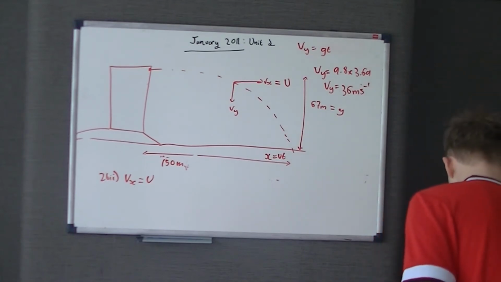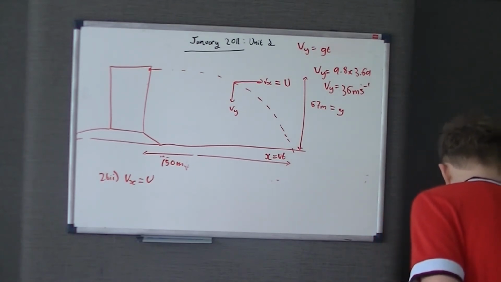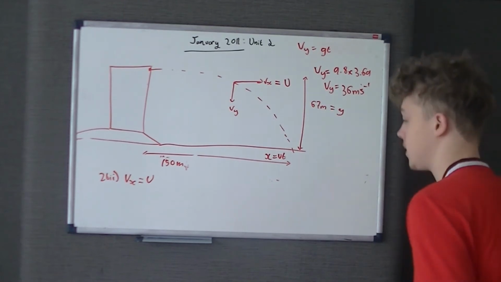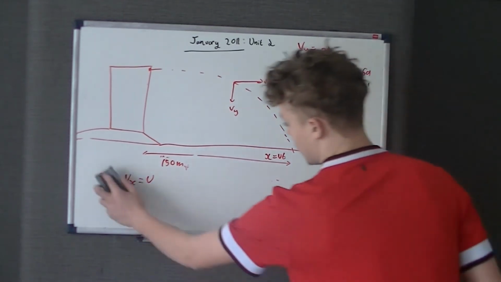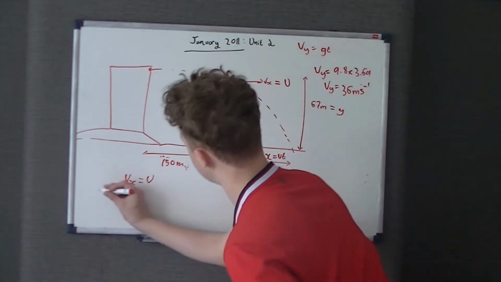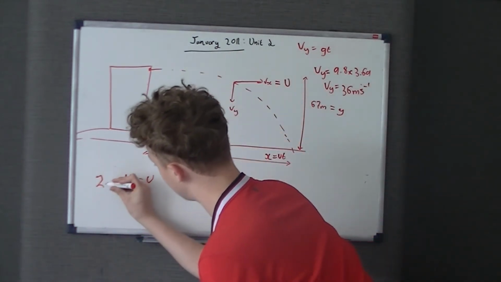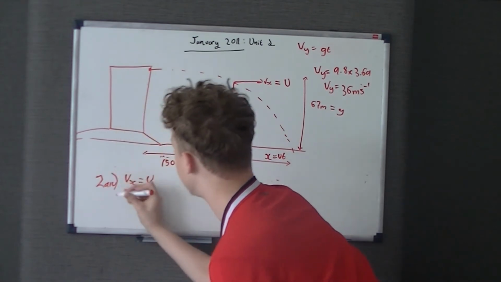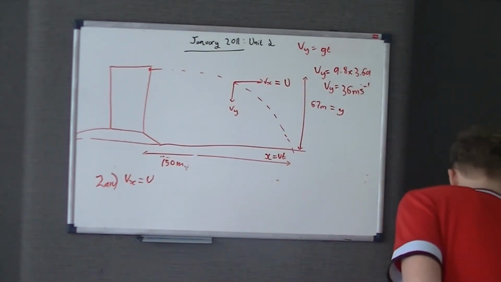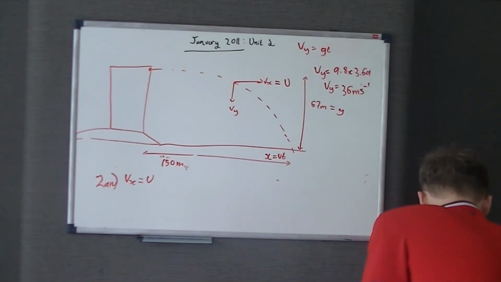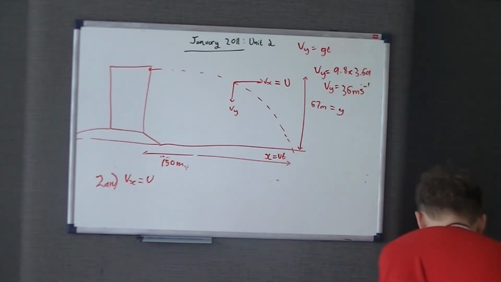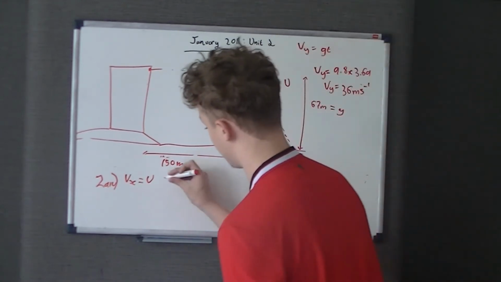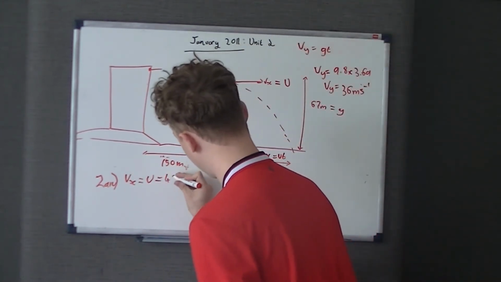So Vx equals u. Sorry, I don't know where I got 2B part 2. It's actually 2A iv, which I'm not 100% sure what that is in Roman numerals, but I think it's 4. So Vx equals u, which is 40.56 metres per second.